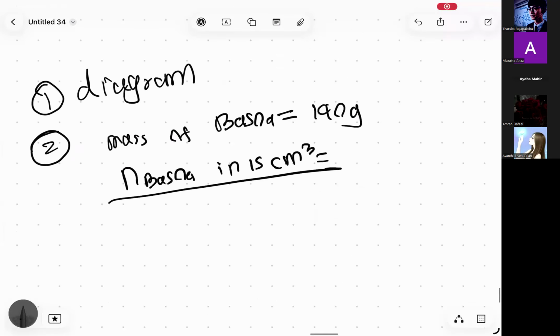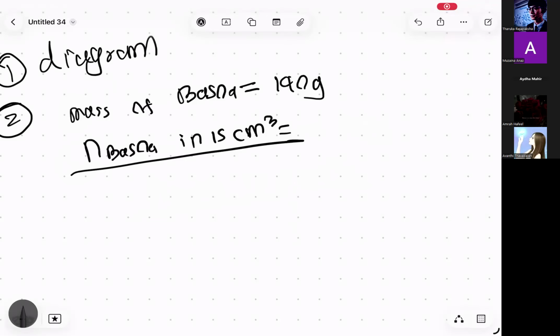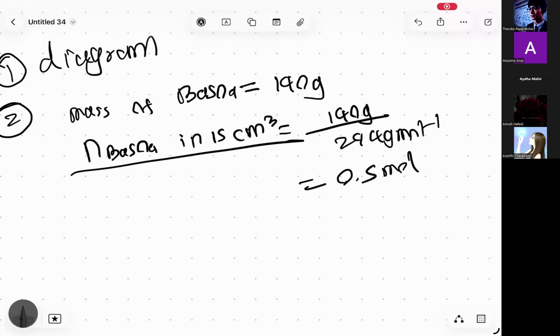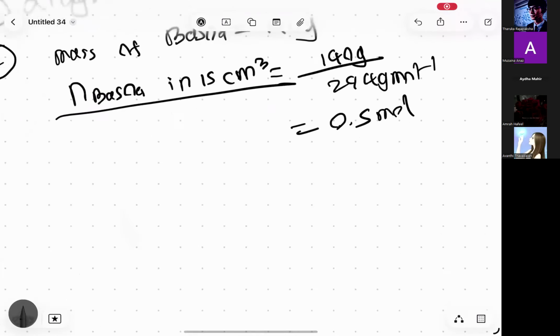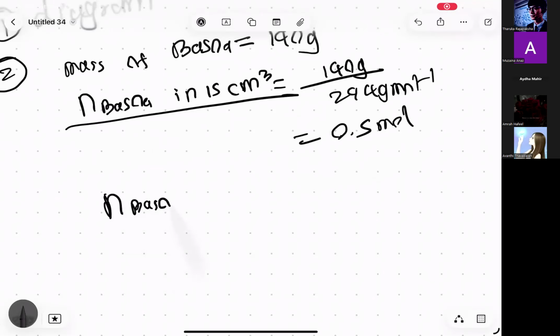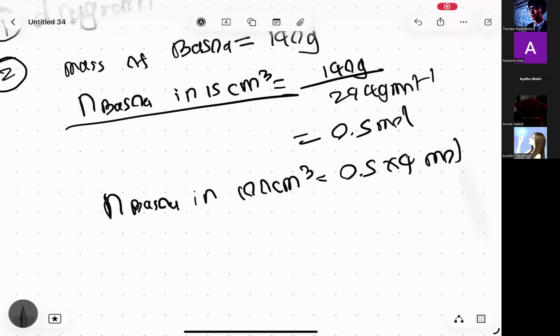Because if you calculate the number of moles of barium sulfate in 15 cubic centimeters, you divide by the molar mass, 244 grams per mole, and you calculate a value, let's say, just assuming, 0.5 moles, not the real value. Then you have to calculate the number of moles of barium sulfate not in 15, but in 100 cubic centimeters. And then you multiply this by 4. That is how you have clarity in your chemical calculation question.